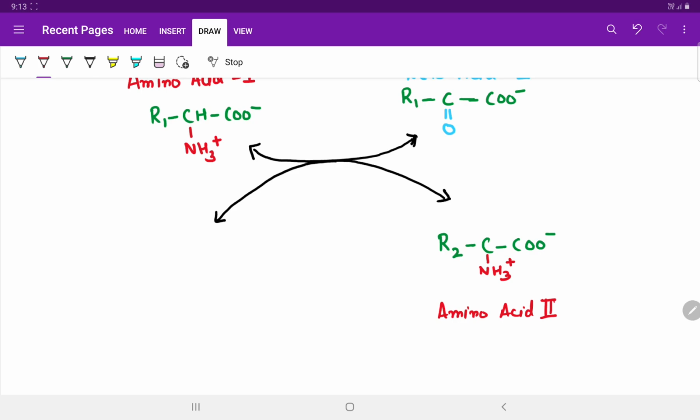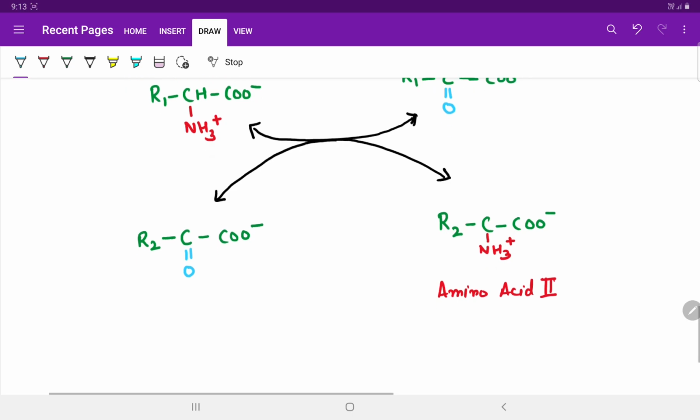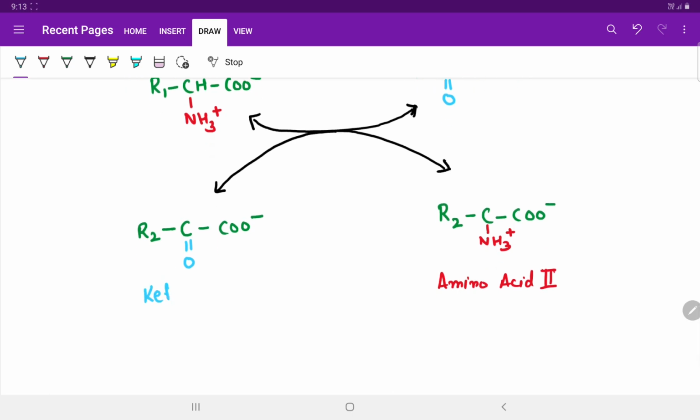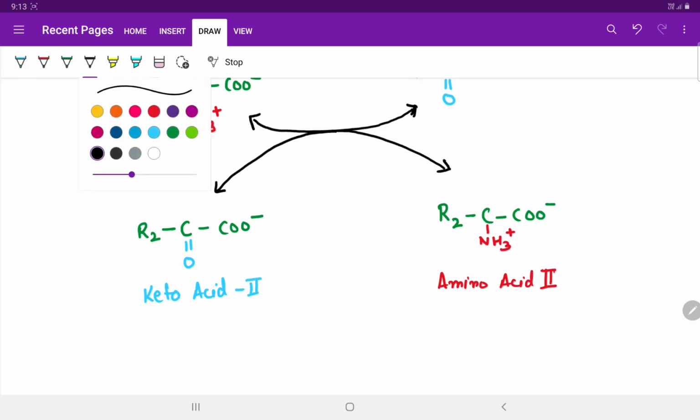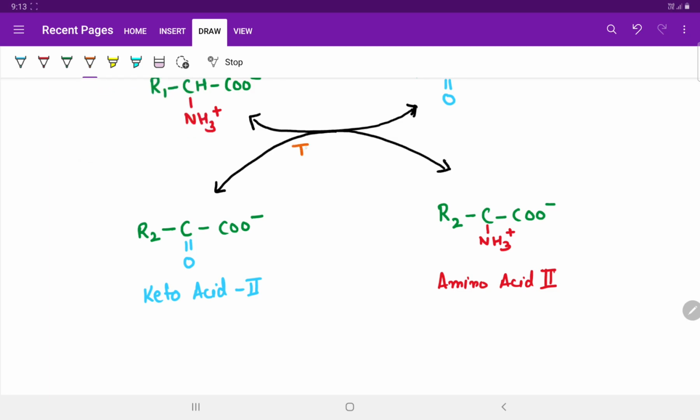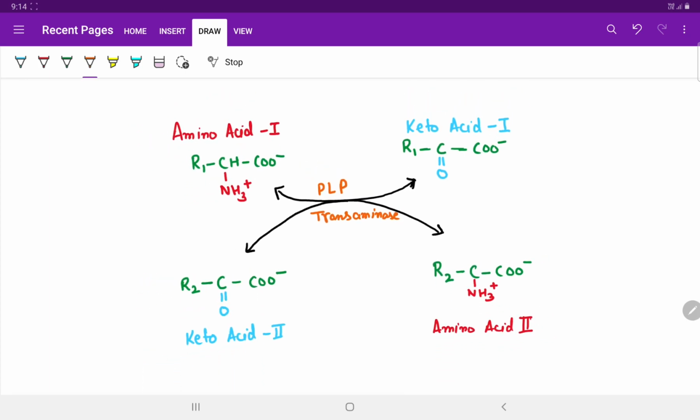And similarly a keto acid 2 will also be formed. So this is a keto acid 2. All these reactions take place in presence of enzyme transaminase and a coenzyme pyridoxal phosphate. So this is a general reaction for transamination.